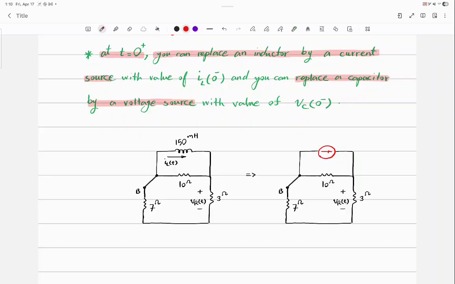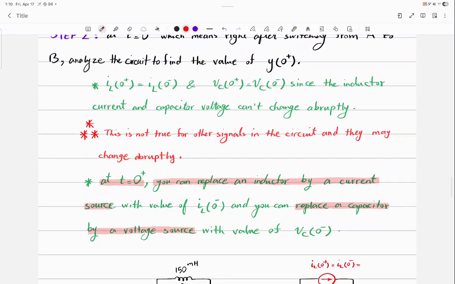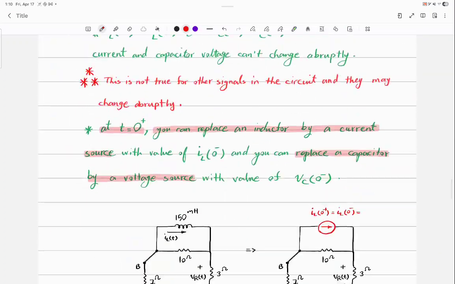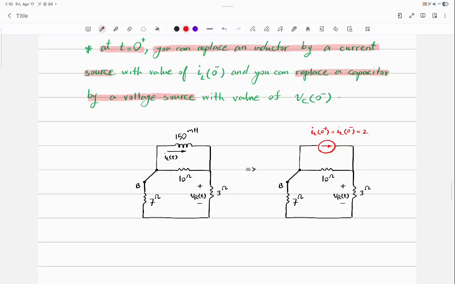Because the current of an inductor cannot change abruptly, right? So IL0 positive is equal to IL0 negative, and we have that value actually. What is it? 2 amps. I'm going to change the label of this to VR0 positive as well.